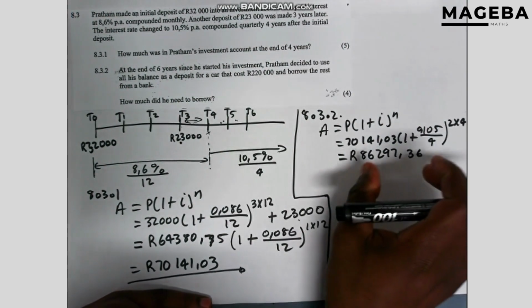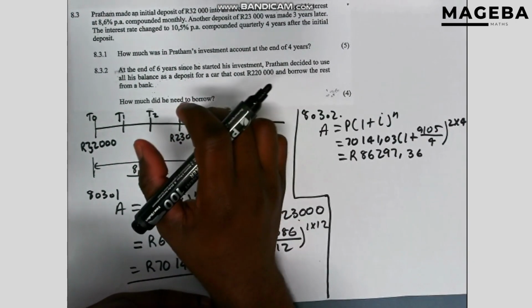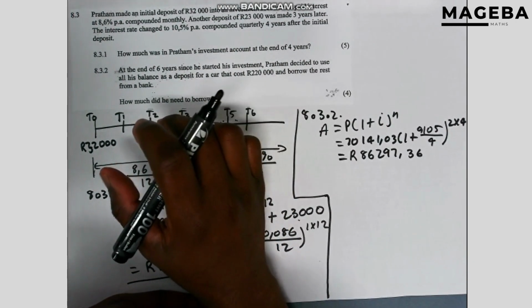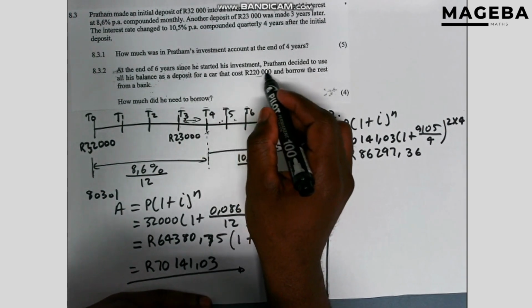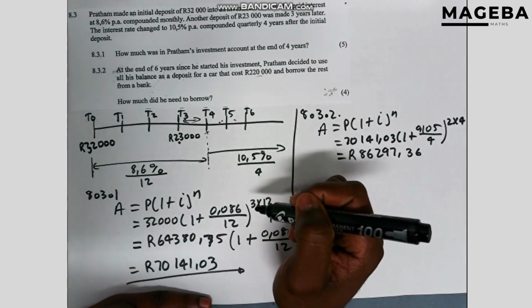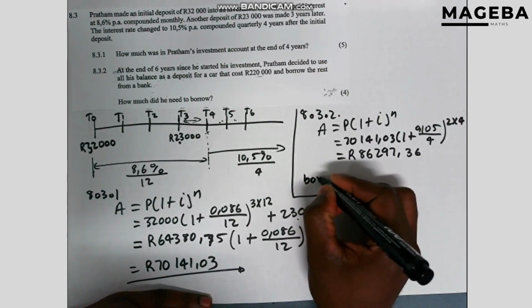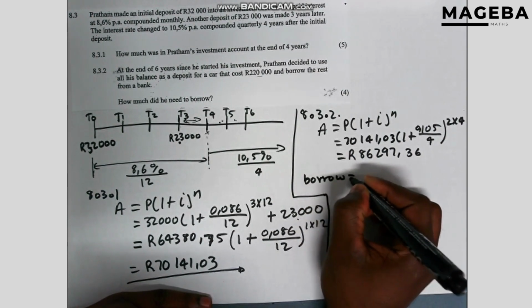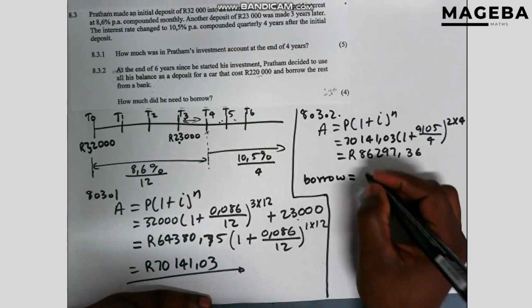And then now he's going to take this whole amount and deposit it towards a car that costs this amount. And now how do we get the money that he borrowed? To get the borrowed money, remember the car costs this amount.